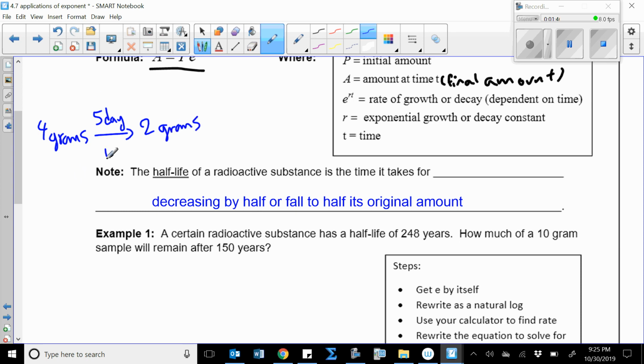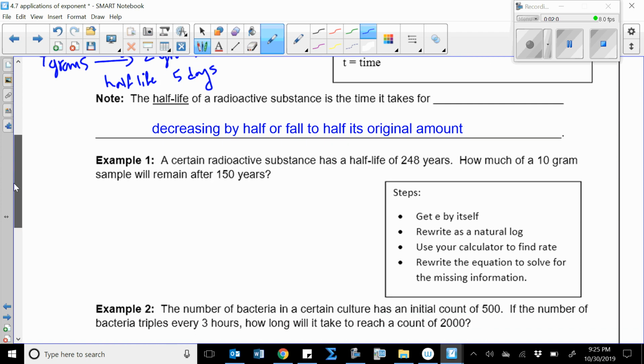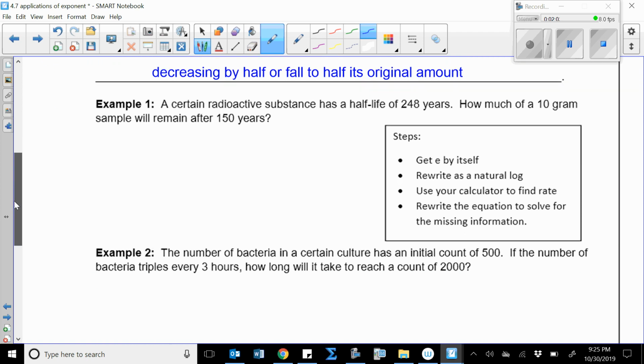So I can say the half-life of this substance is 5 days, because it takes 5 days to reach half of its original amount. So let's do one example of this kind of problem.